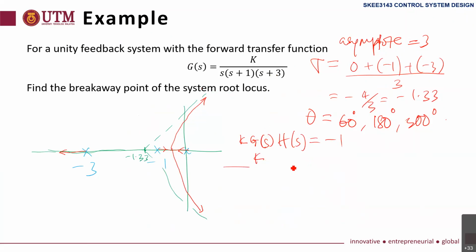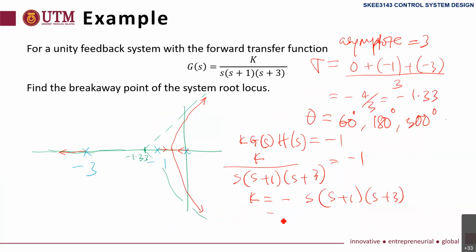So K over S(S plus 1)(S plus 3) equals minus 1, or K equals minus S(S plus 1)(S plus 3), which is minus S cubed minus 4S squared minus 3S.